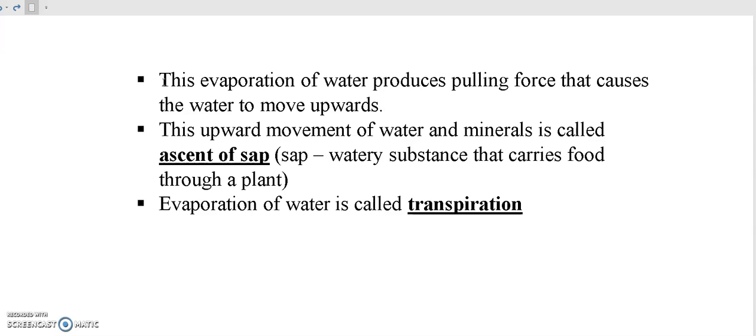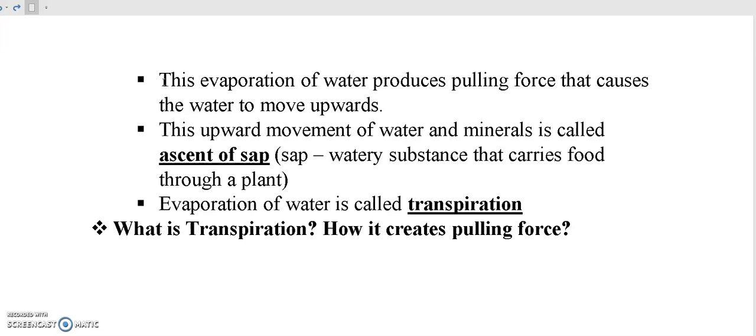Now let's understand transpiration in detail. What is transpiration and how does it create this pulling force with the help of which the water and minerals are moving upward?